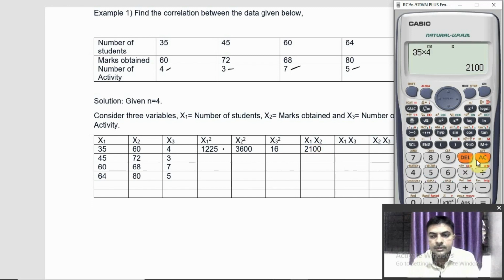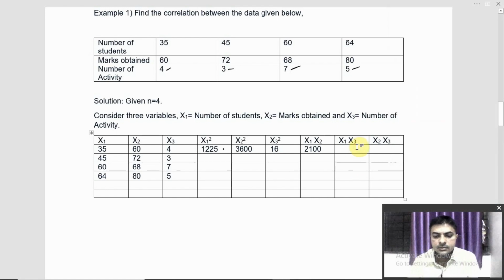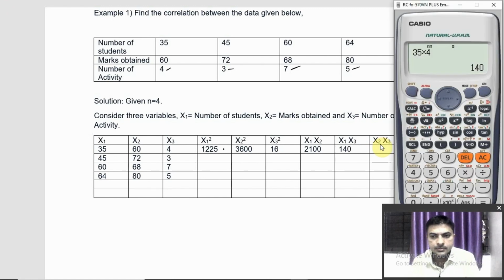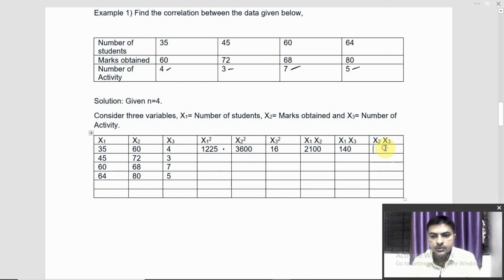Yes friends, 35 into 4, it is 140. The next is 60 into 4. I get here 60 into 4, 240. So like this you have to keep the data ready.